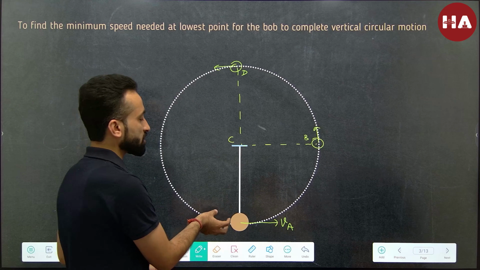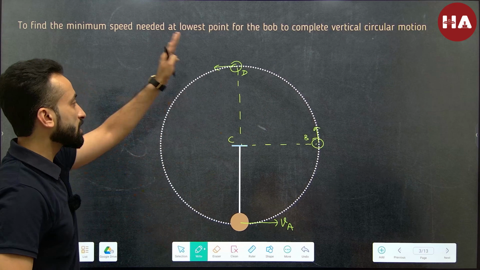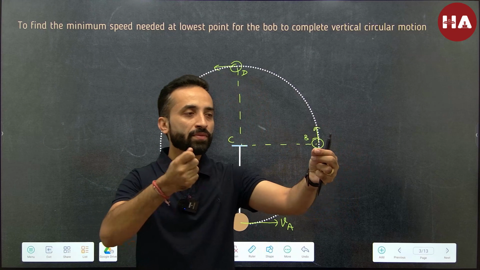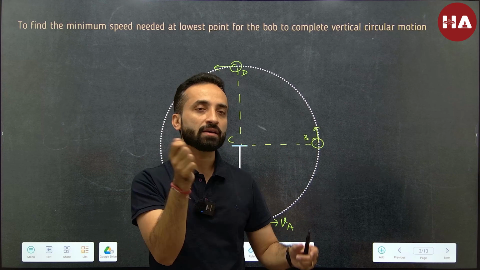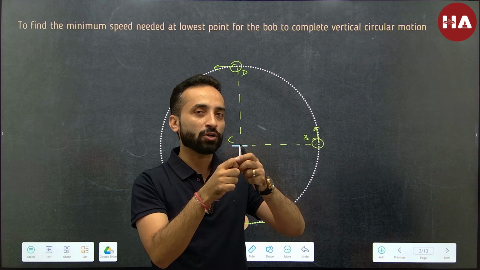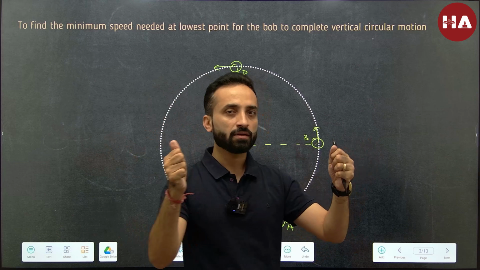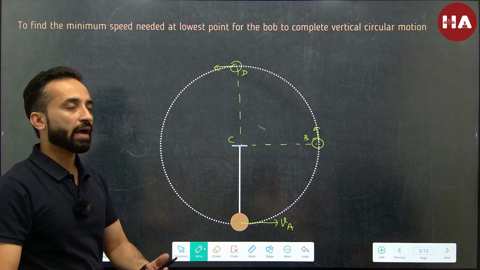If we start with a low velocity, then it might just slack and not continue with the circular motion. Imagine you tie a bob with a string and you try to rotate it. If you don't do it with a high speed, there is a very good possibility that the string might just slack. So to keep it taut, you need to revolve it at a higher pace.